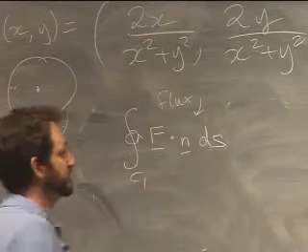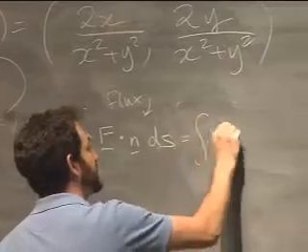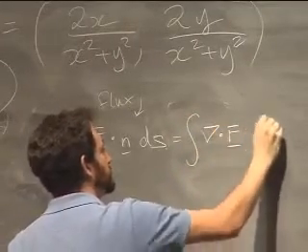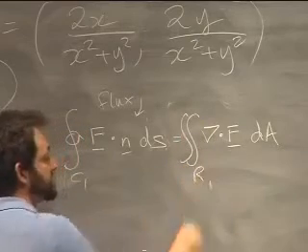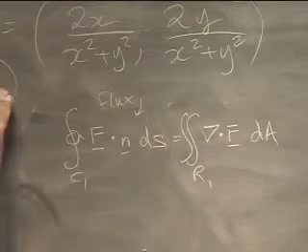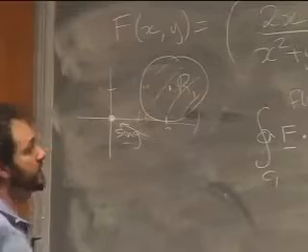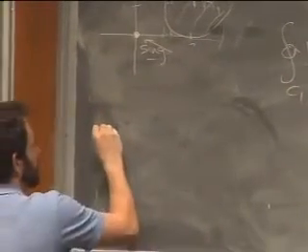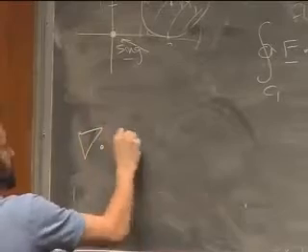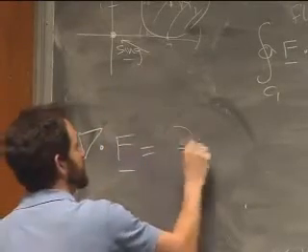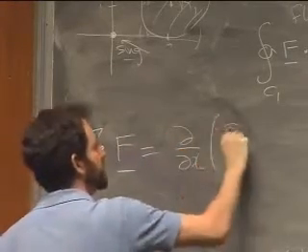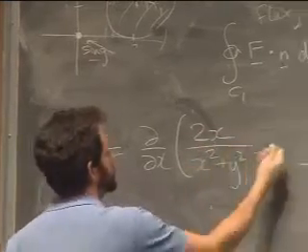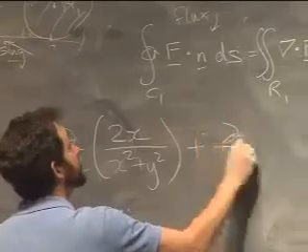So we need this integral, and by Green's theorem, this is equal to the double integral of the divergence over the region, which I'll call R1. So we have to compute the divergence of f. The divergence of f is the x derivative, 2x over x squared plus y squared, plus the y derivative of the y component.